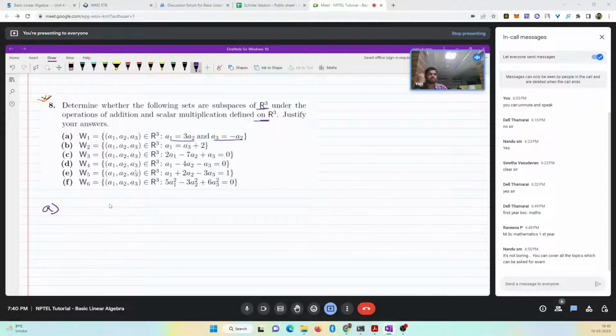Again, if you want to check whether something is a subspace or not, you just need to take two elements from that set. Let's take W1, W2 from capital W1 and take two scalars from your scalar field. The scalars over here are real numbers, so let's take alpha 1, alpha 2 from the real numbers. Now you have to take alpha 1 W1 plus alpha 2 W2 and see if this satisfies the condition or not.